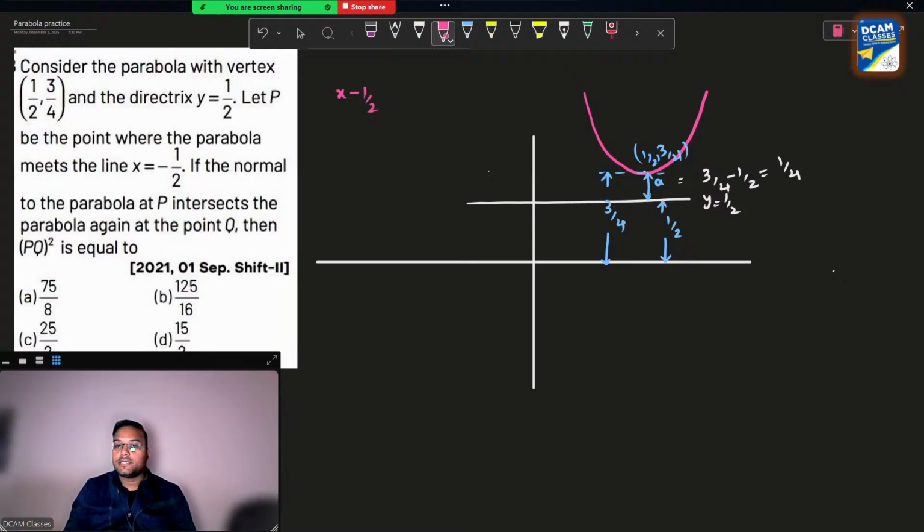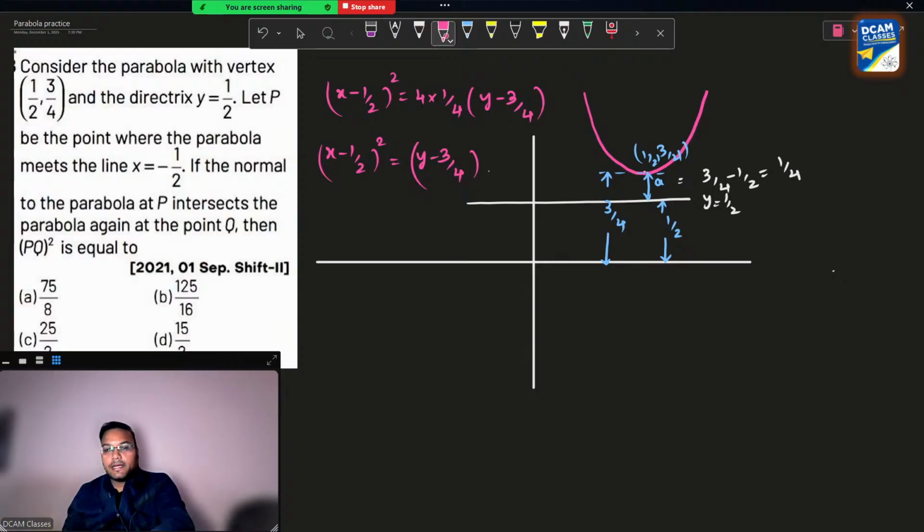So x minus half whole square is equal to 4 into 1 by 4 into y minus 3 by 4. Okay, so the equation of the parabola is x minus half whole square is equal to y minus 3 by 4.